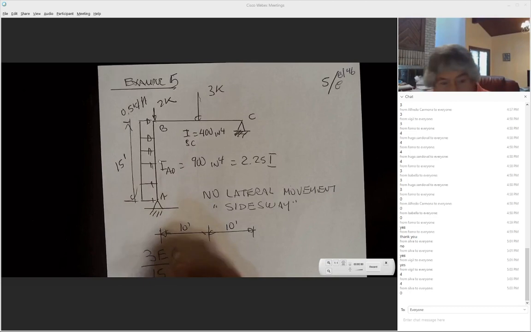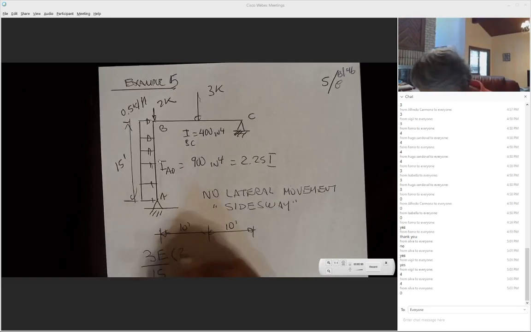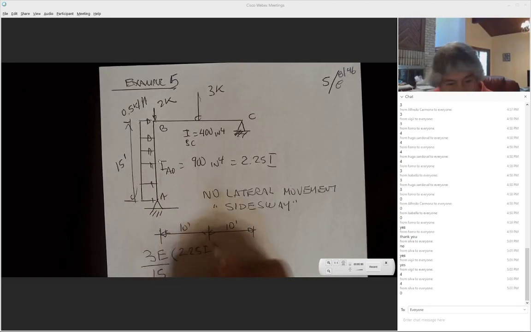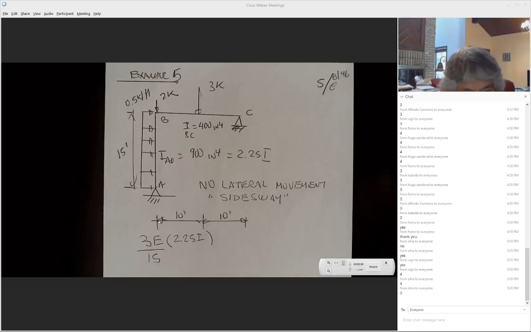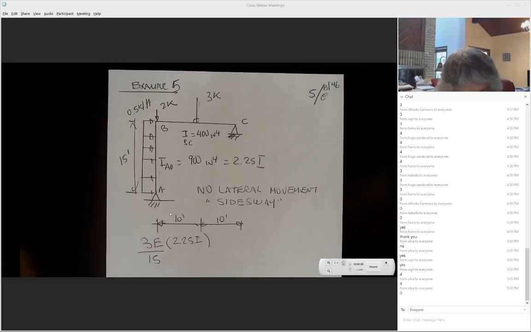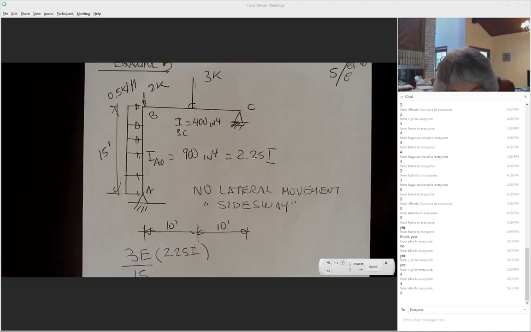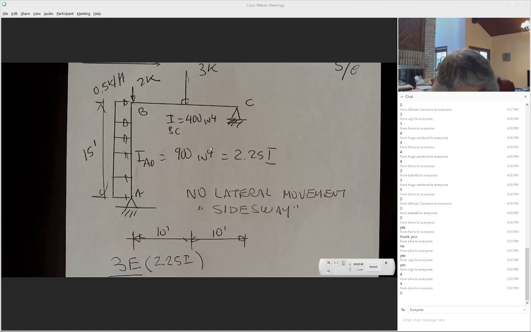3E15. I'm going to put 2.25I, since the moment is 0, I'm using 3EI over... Why am I using 2.25I? Because this is 900.